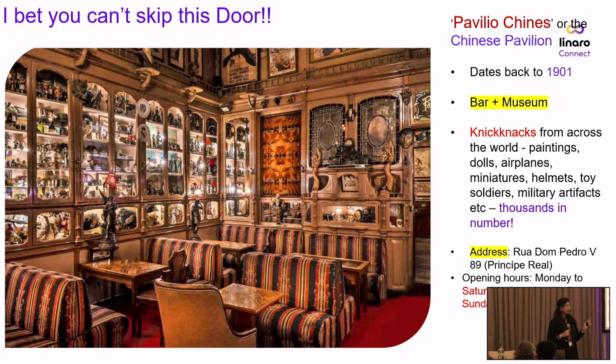When I did my research, I read that each time you go there, there's something new to find. There are 5-6 rooms filled with these artifacts, and it is somewhere in the city center. The opening hours are still friendly. If you're around this evening, sneak out and have a look.